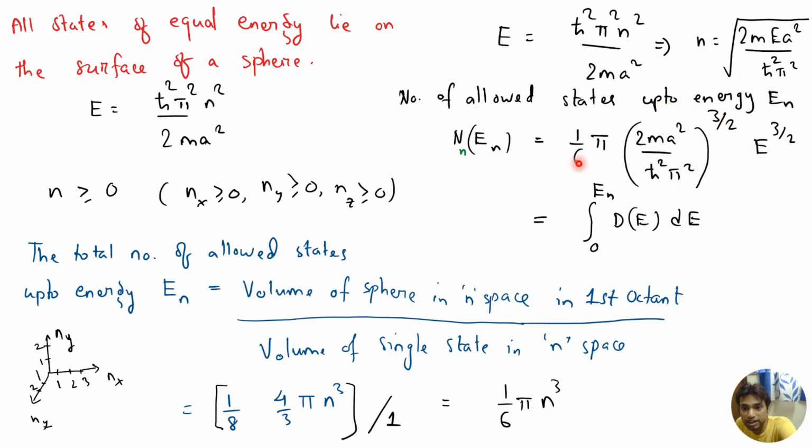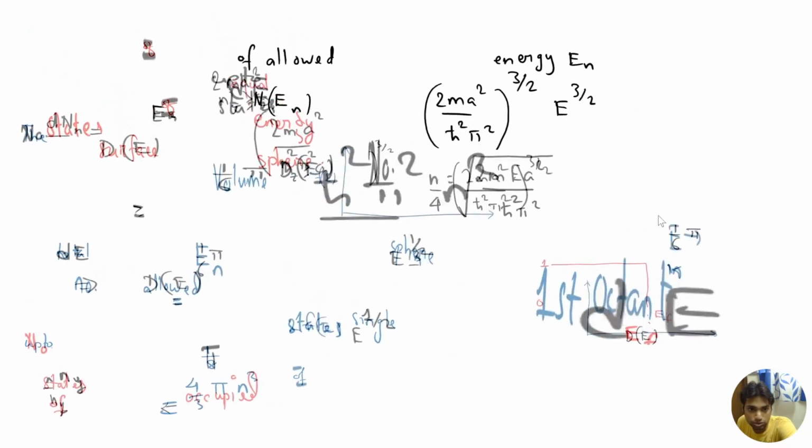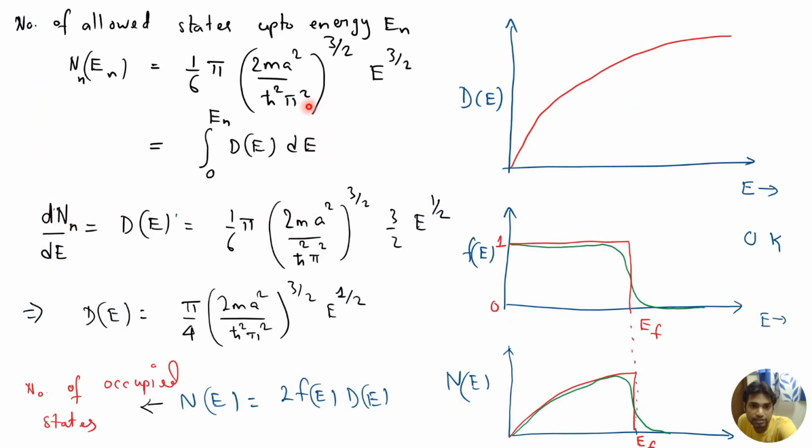Since we already have that here, if we take the derivative of this with respect to E, we will end up with D of E. So that is what we will do now. We take the derivative of this, and we end up with D of E.